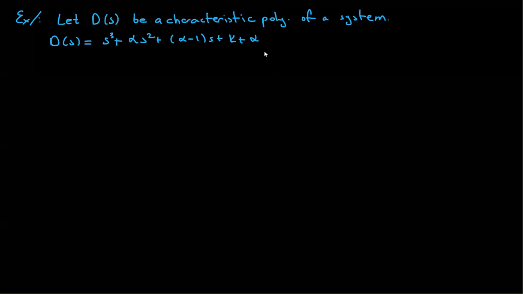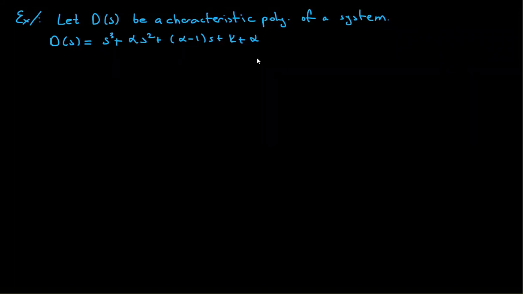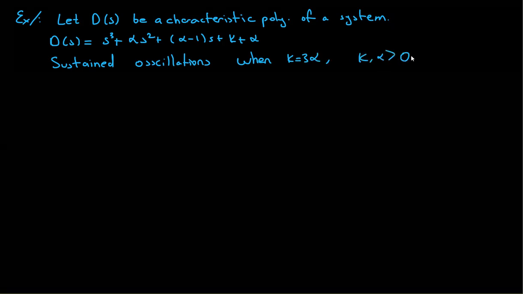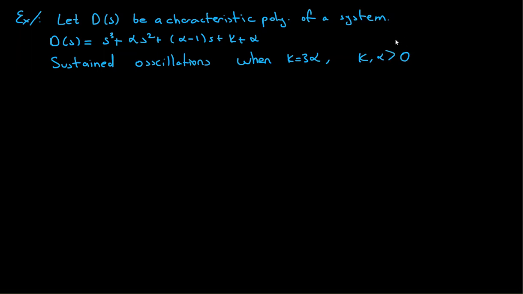And assume that we observe sustained oscillations in the step response of the system when K is equal to 3 alpha. Okay. So in step response, we observe sustained oscillations when K is equal to 3 alpha, where K and alpha are positive real numbers.